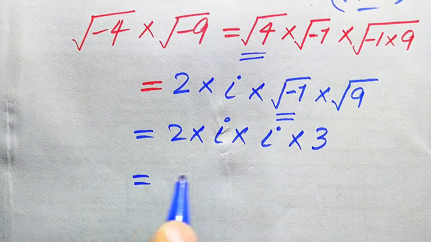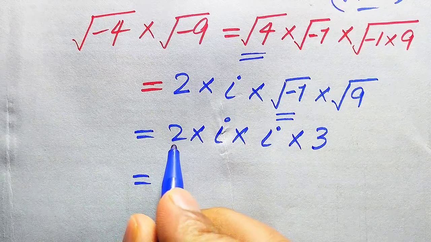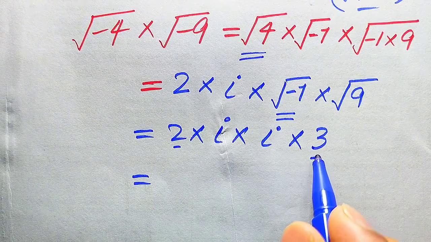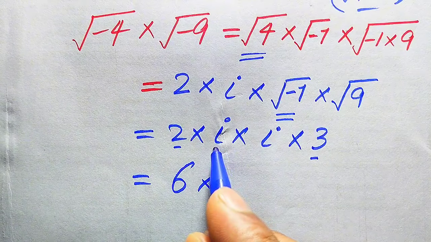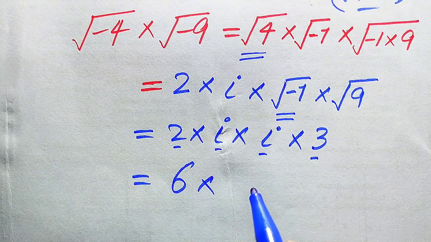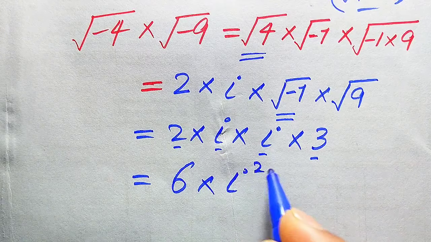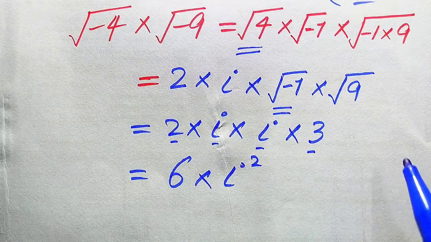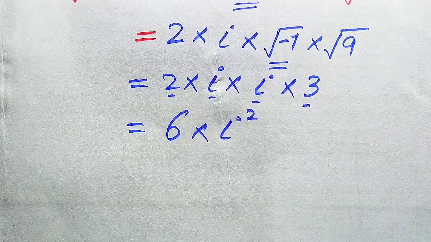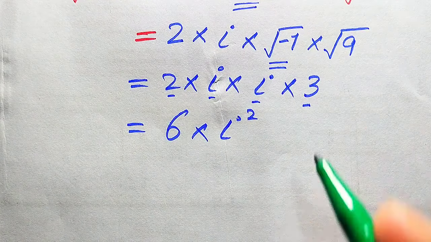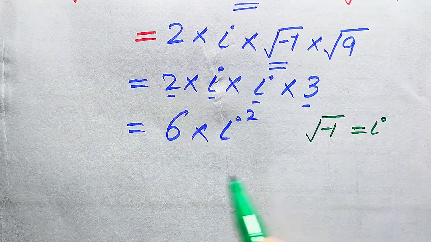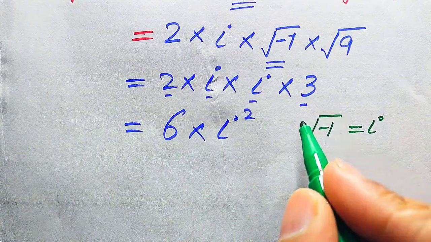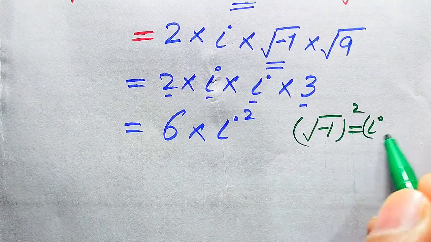In the next step we multiply these terms: 2 multiplied by 3 is equal to 6, multiplied by iota multiplied by iota, which is iota square. Here we can write that the square root of minus 1 is equal to iota. To find the value of iota square, we apply squaring on both sides.